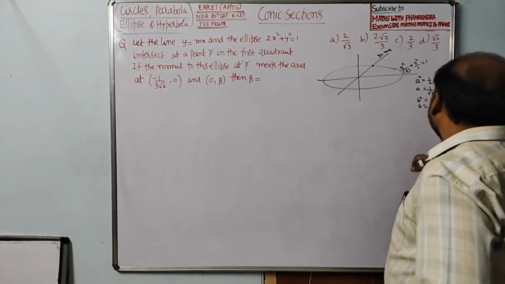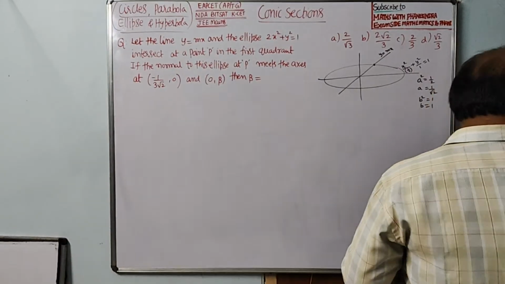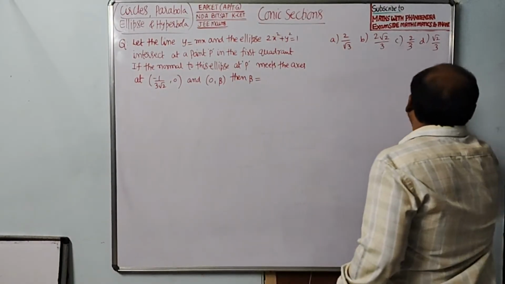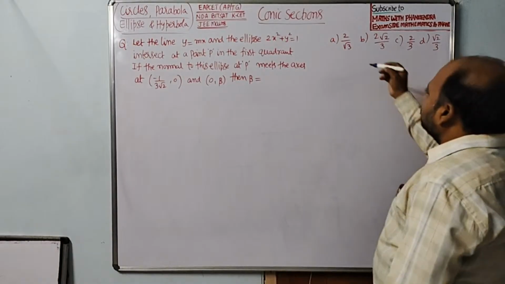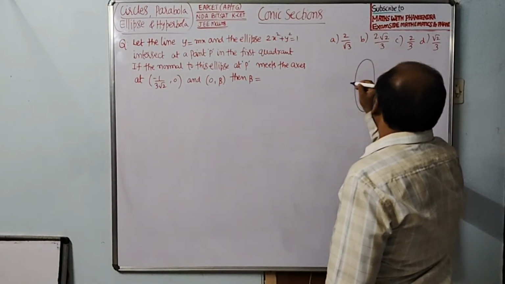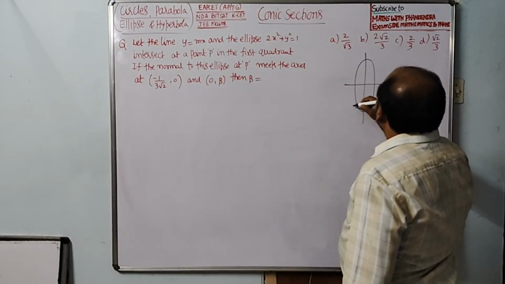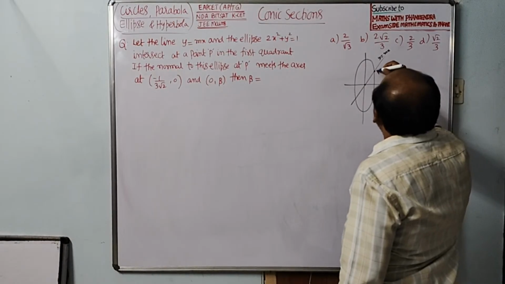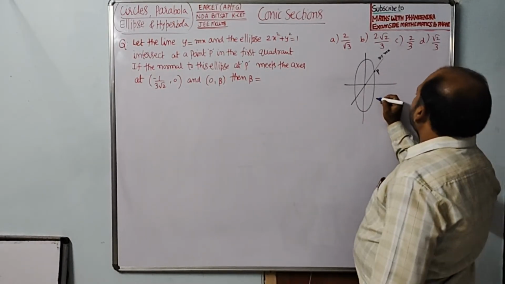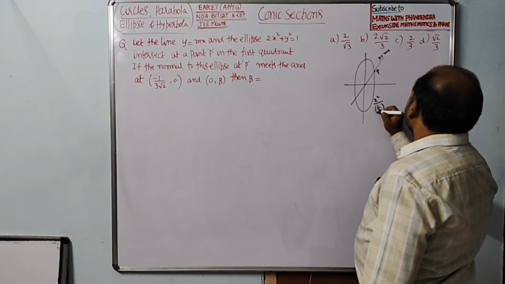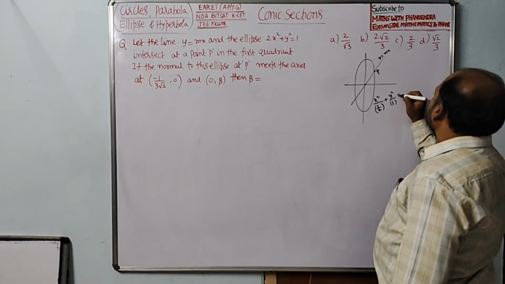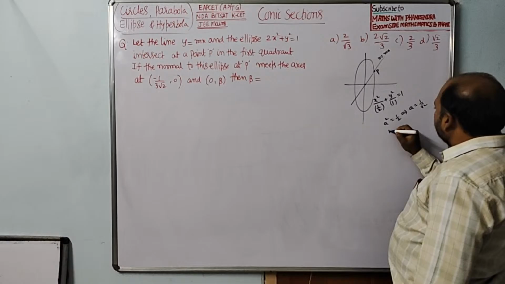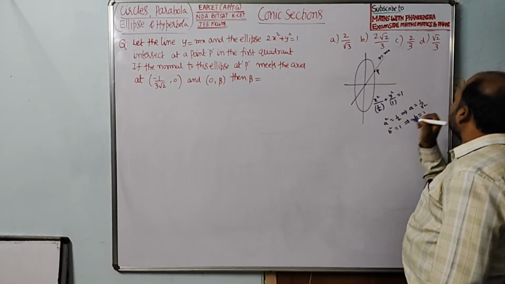But if we observe, it is not exactly this figure; it will be the a less than b case. Whatever the case may be, if you analyze the figure, it comes like this, not the previous one. This is the y is equal to mx line. It meets the ellipse at the point P. x square by 1 by 2 plus y square by 1 is equal to 1, a square equal to 1 by 2, that implies a equal to 1 by root 2, b square equal to 1, that implies b equal to 1.